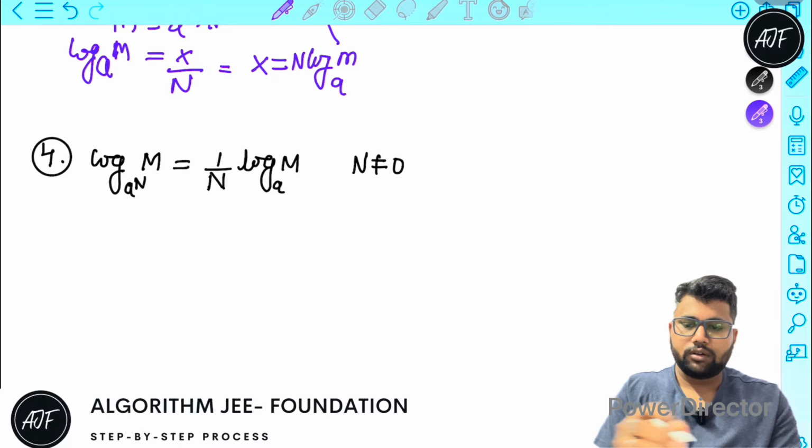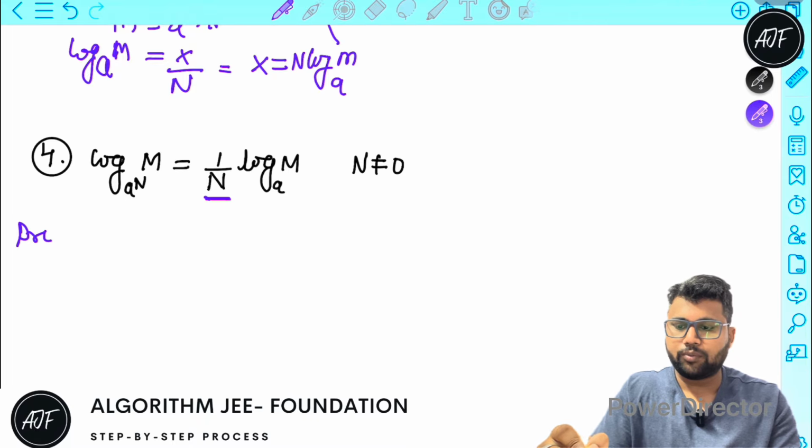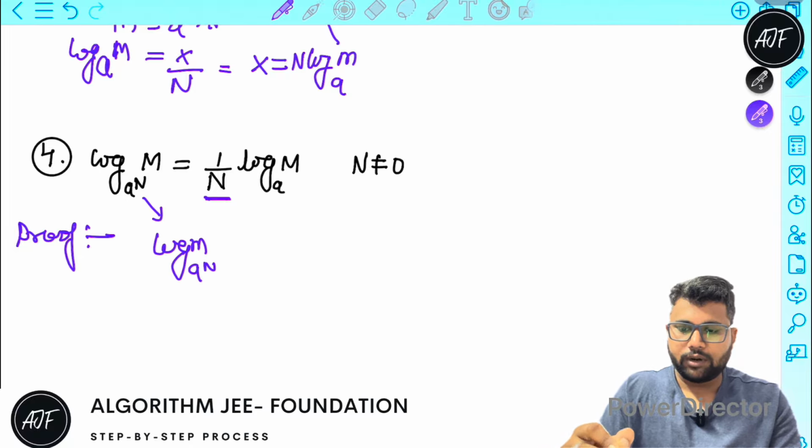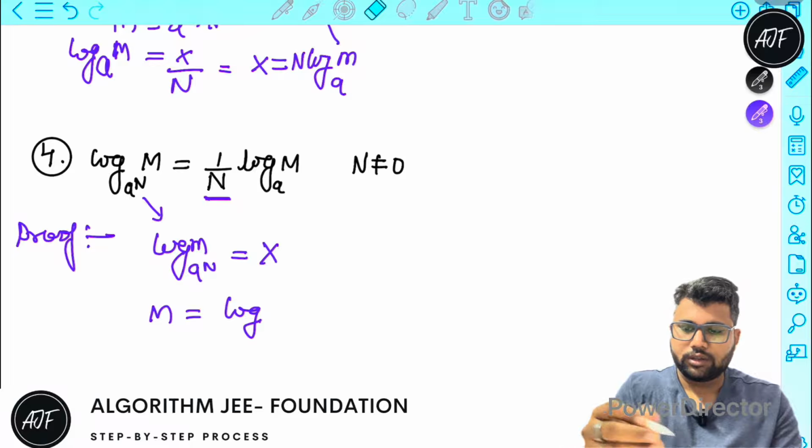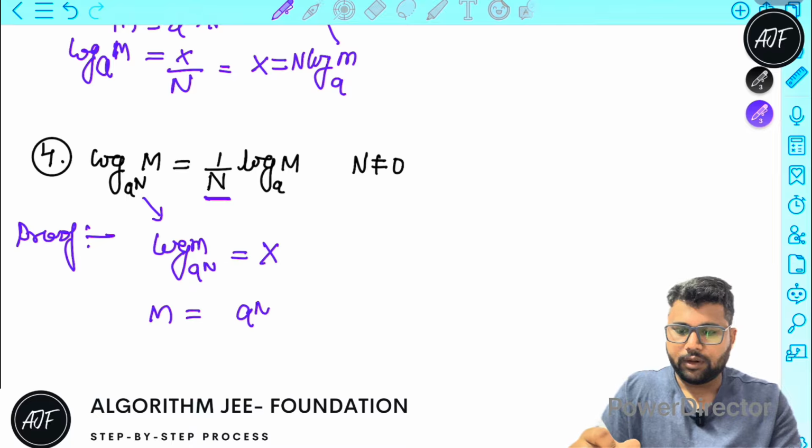Same thing, if you prove it, assume log m base a power n is equal to x. Shifting to this side, it is converted into a power: m is equal to a power n, the whole power x.